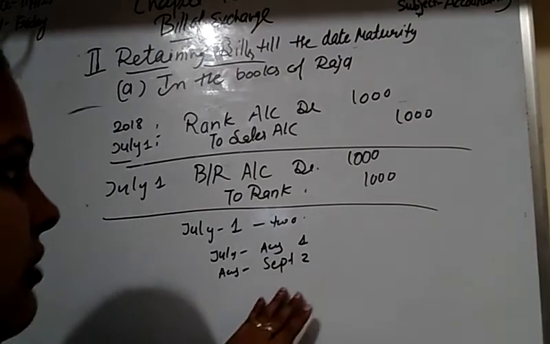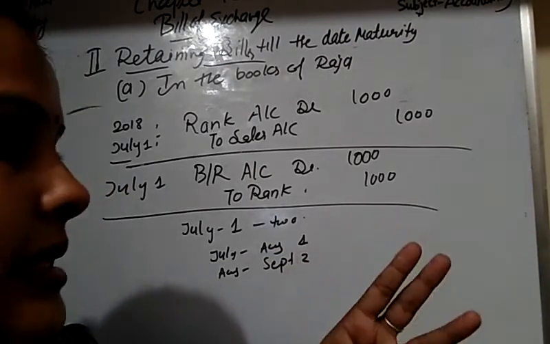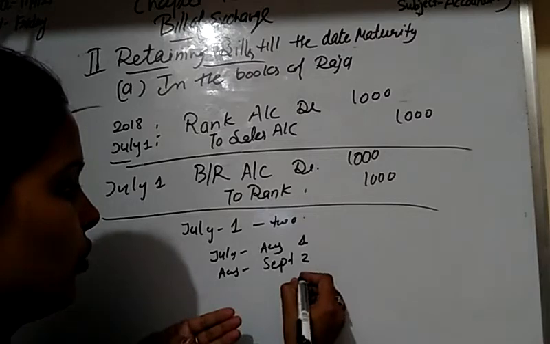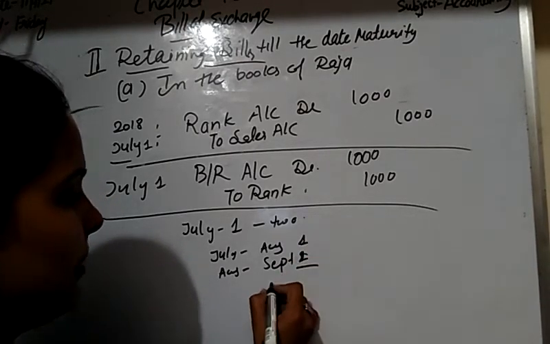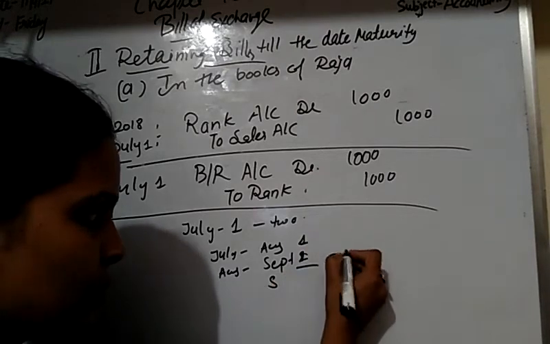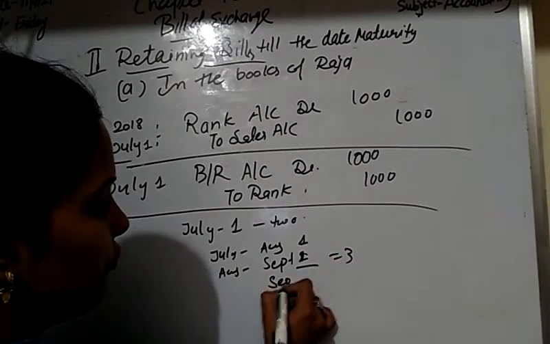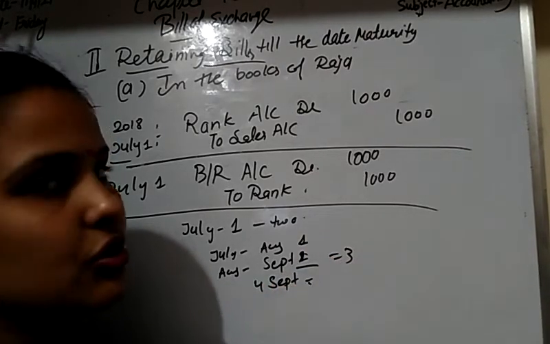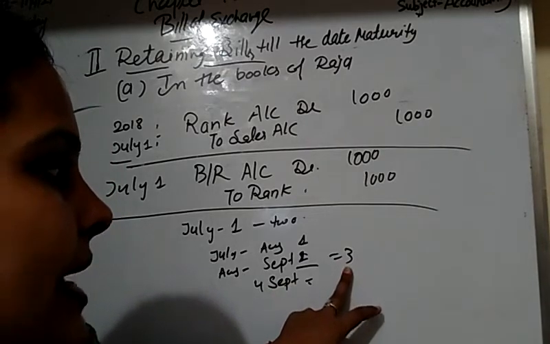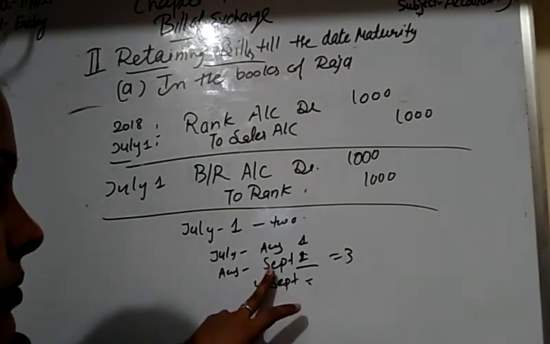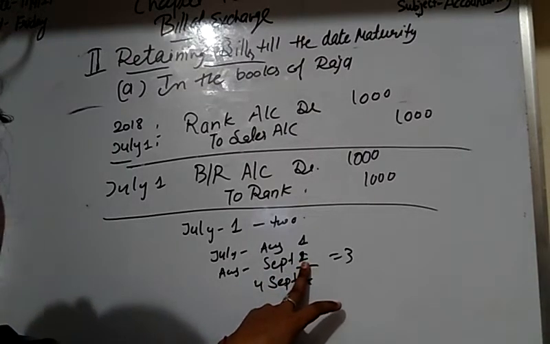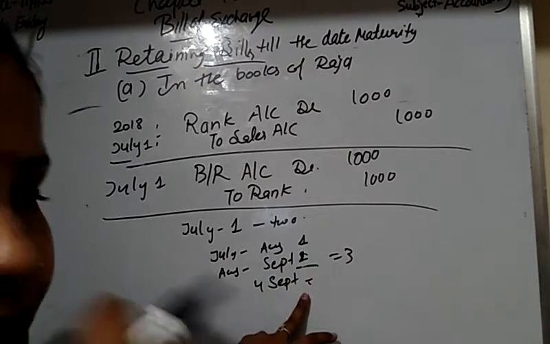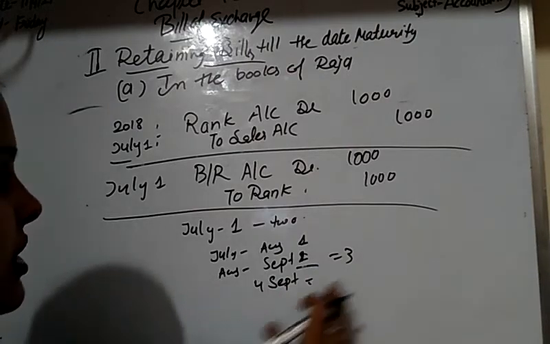As you know, when a bill is matured, 3 days are given more. So 2 months plus 3 grace days, the bill is matured on 4th September. Two months are covered on 1st September, but 3 grace days are given, so the bill is matured on 4th September.